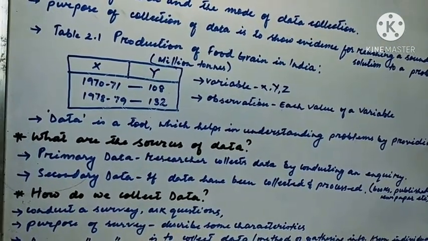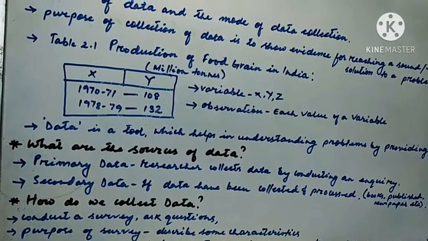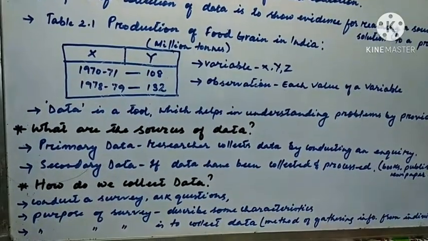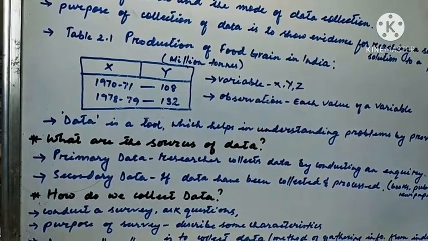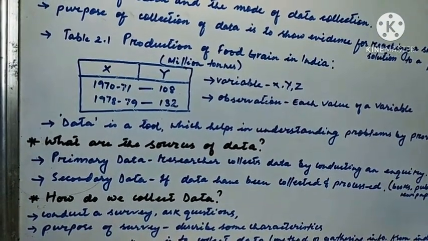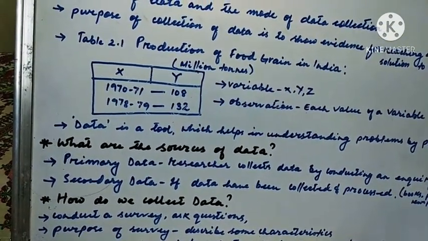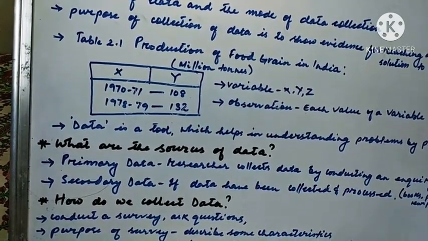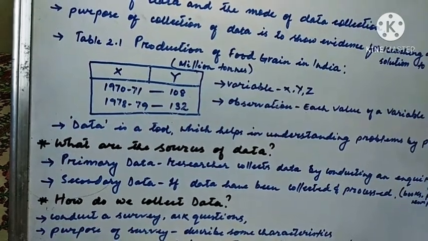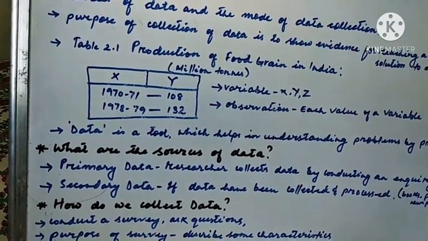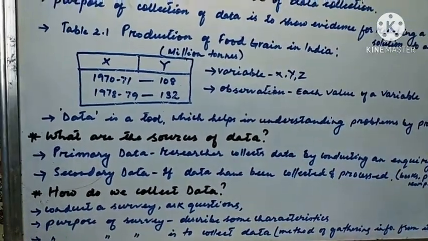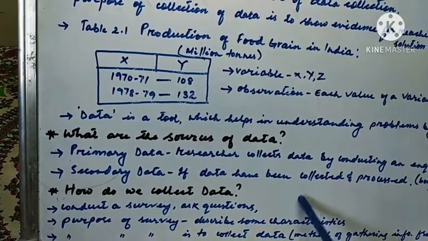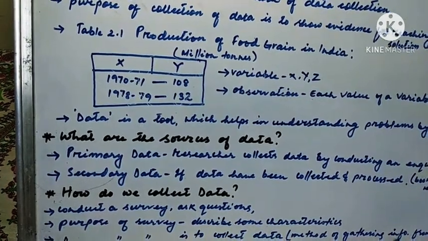When a manufacturer wants to produce a product, they conduct a survey. In this survey, they ask questions about a particular product, or in the second example, about a candidate, from a large group of people, not from a single person. The purpose of a survey is to describe some characteristics, like what?